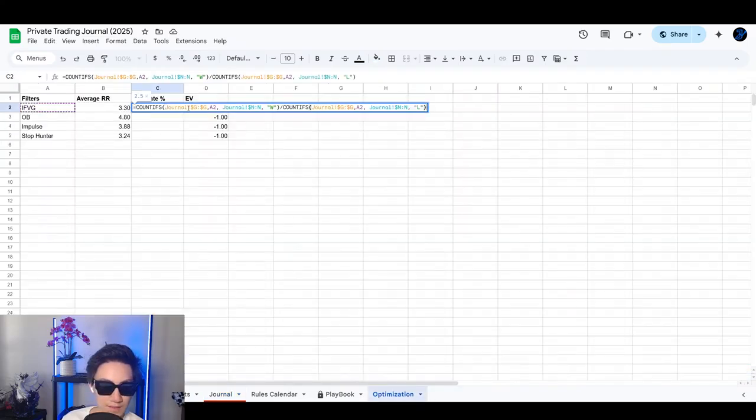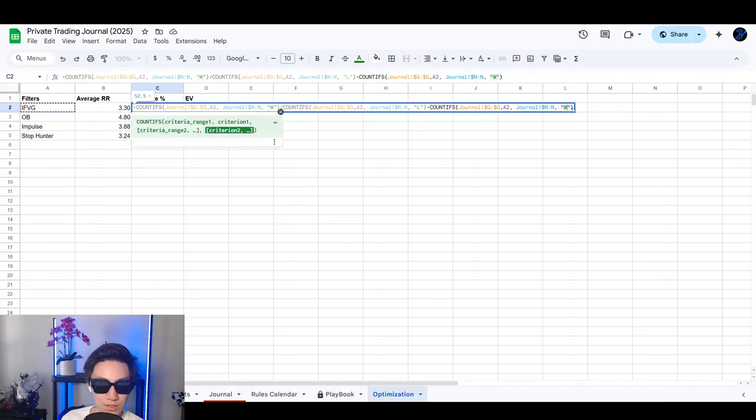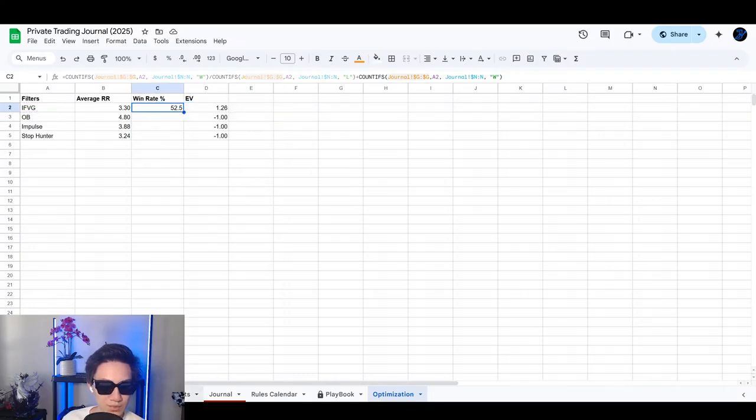Okay, so you have to divide all the winners by losers and winners together. So let's see if it works here without parentheses. I'll just copy and paste this here. Then we do winners. And then you don't ever include break evens. Okay, so this should be the correct win rate.